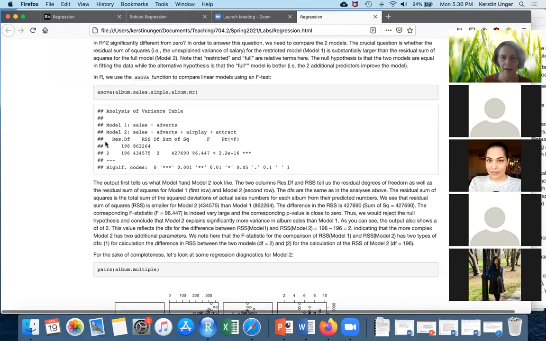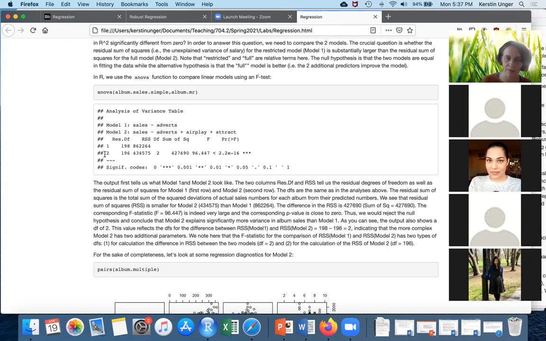And then you get 2 lines of output. The first is basically a summary of certain statistics for your restricted model. This more complete line of output is for the model comparison.